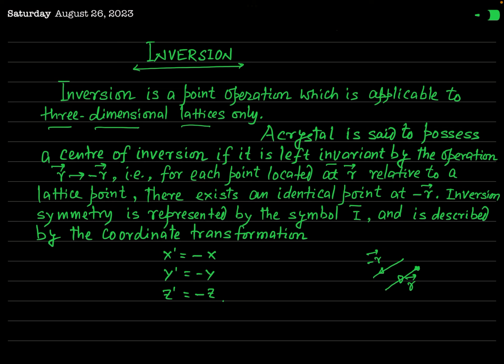So you can see I have mentioned it here that a crystal is said to possess center of inversion if it is left invariant by the operation r to minus r. That is, for each point located at r relative to a lattice point, there exists an identical point at minus r. Then you can say that the crystal has inversion symmetry.